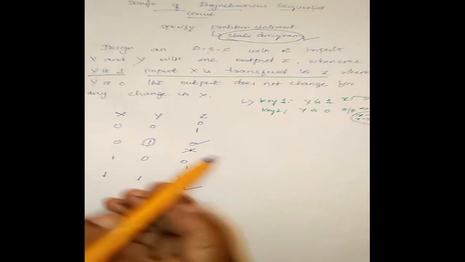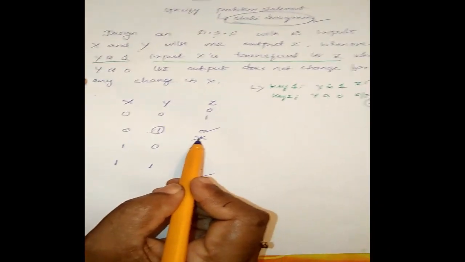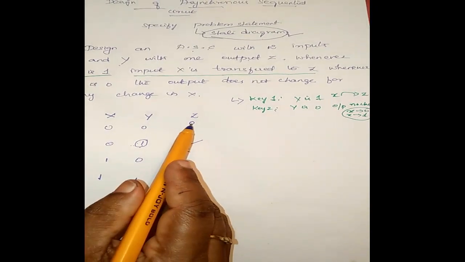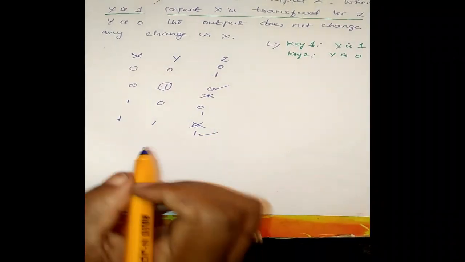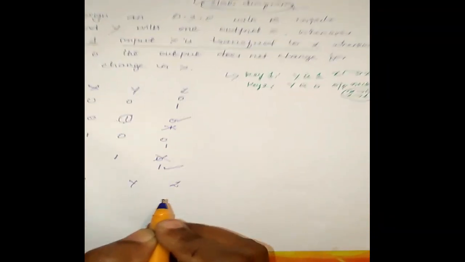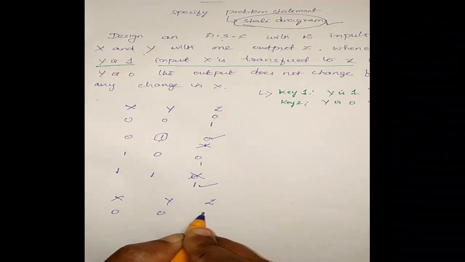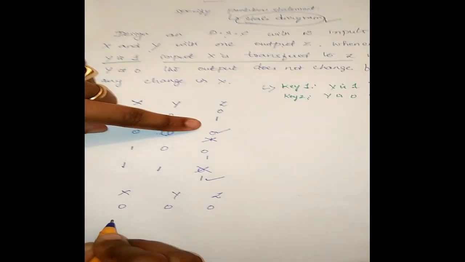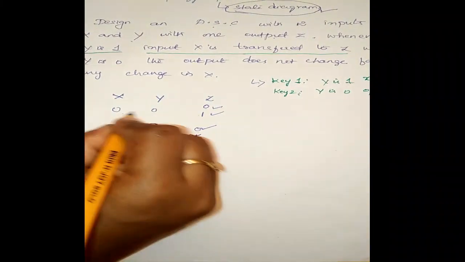Now you can see that out of 8 possible cases, my final state table is reduced to 6: 1, 2, 3, 4, 5, 6. Let me write that. My reduced final state table is 0, 0, 0 and 0, 0, 1, so these two possible cases are written for these inputs.